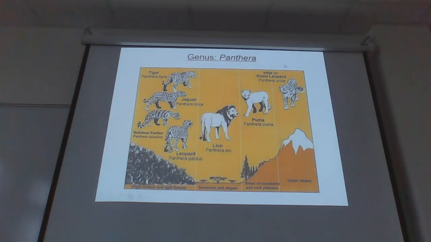These are all species in the genus Panthera, okay? You see a lion, that is Panthera leo in the middle, but you see a puma as well. And you see also a leopard, a tiger, a jaguar, a cheetah, okay. So all these are the same genus. Remember, genus is the first word that identifies the species.